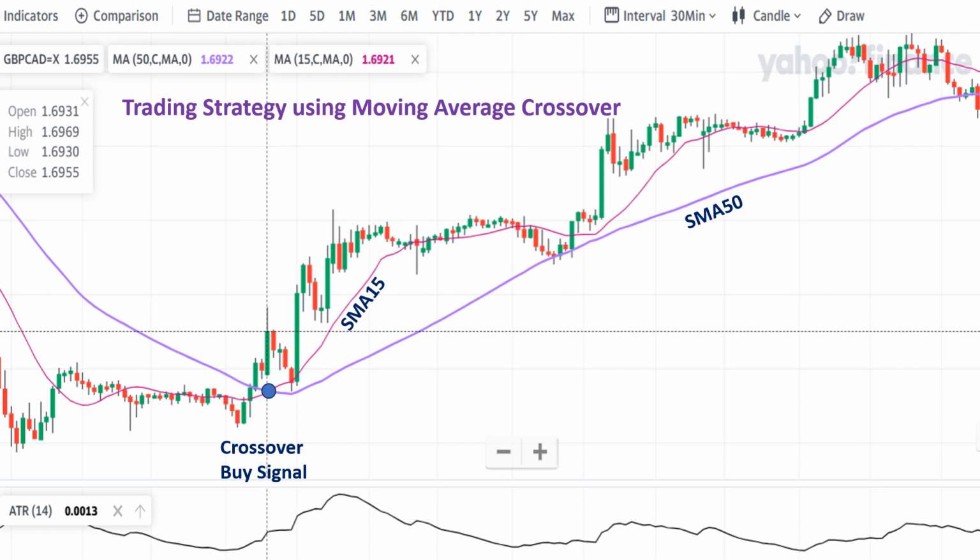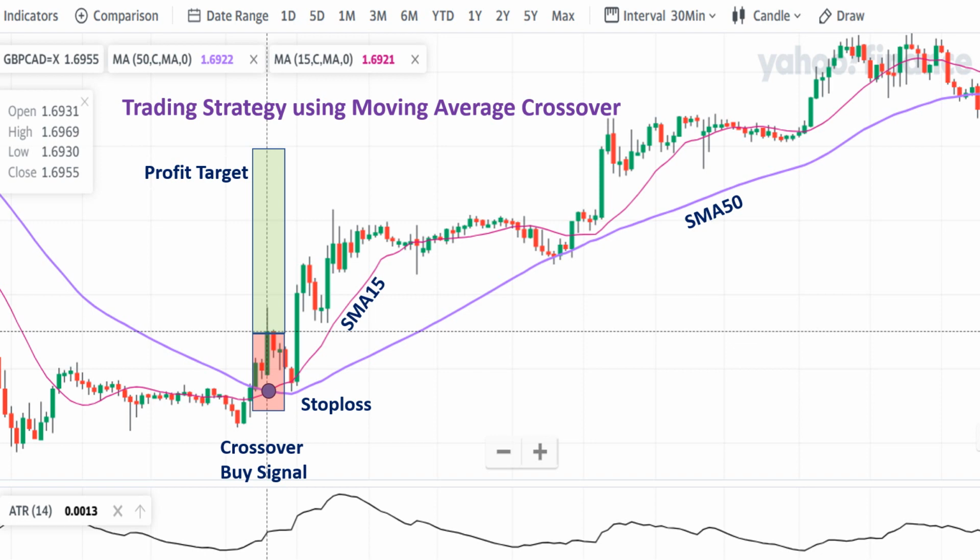To manage risk, I place my stop loss order 1.8 ATR below the crossover point. For my profit target, I aim for a level above the bullish candle, ensuring a favorable 2.5 to 1 reward-risk ratio.